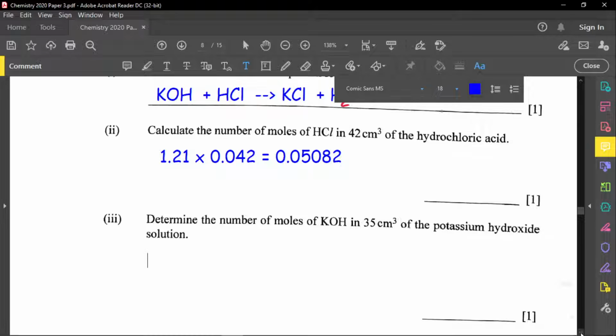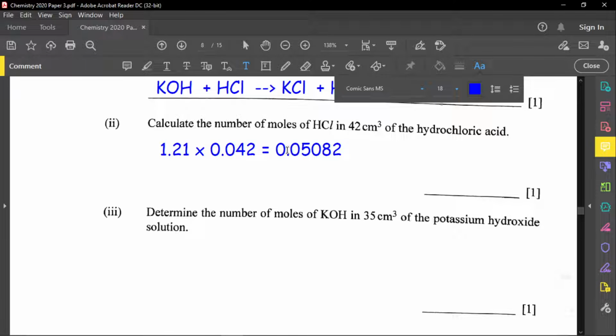You're going to use the same mole, simply because the molar ratio in the reaction is 1-to-1. So the mole of potassium hydroxide is the same as the mole of hydrochloric acid.